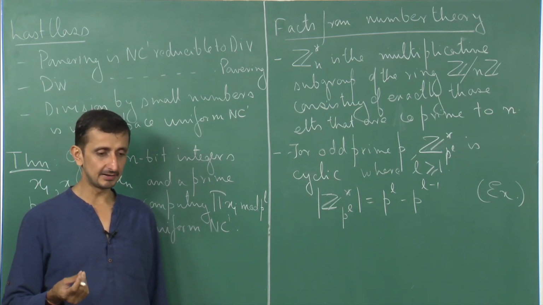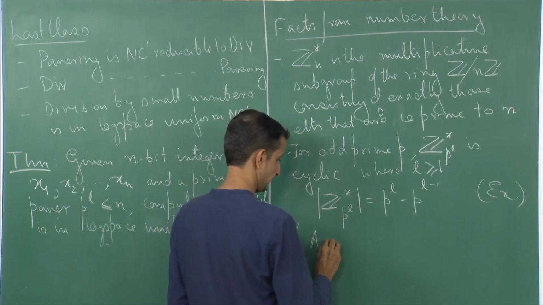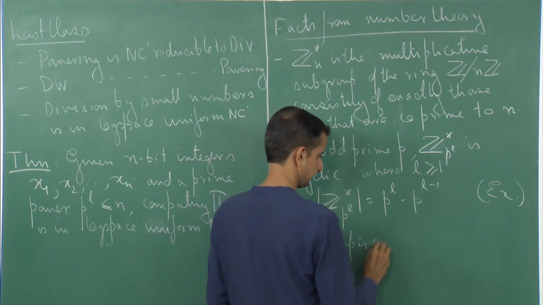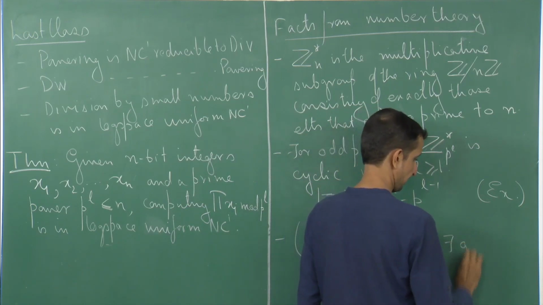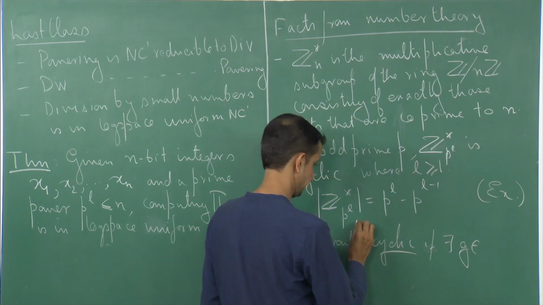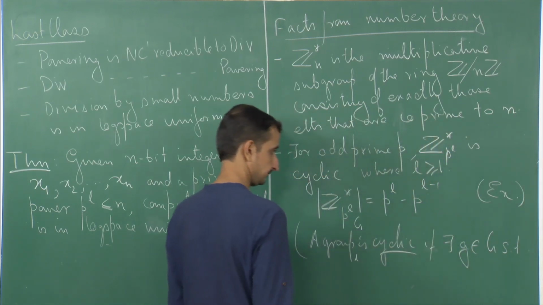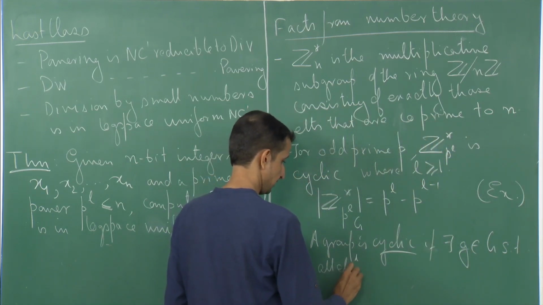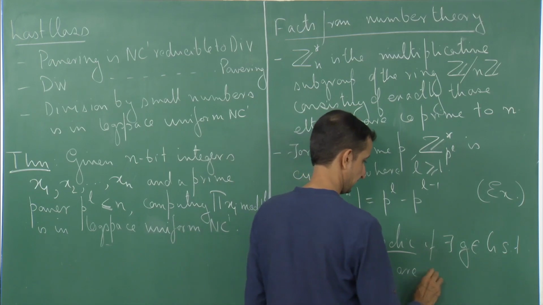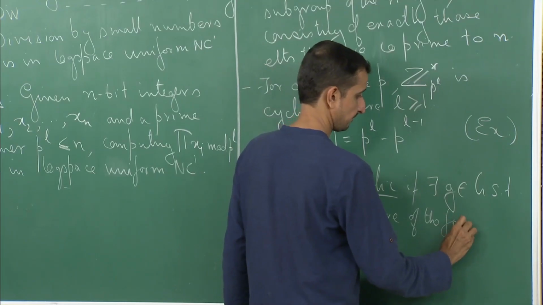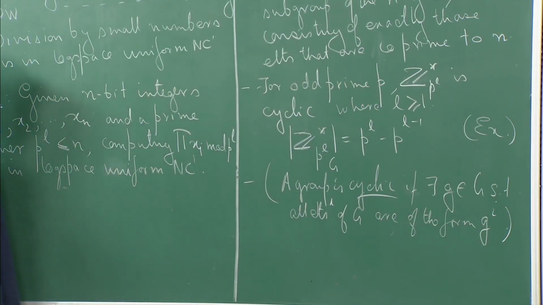So cyclic means that a group, let me give it a name, G, is cyclic if there exists an element g in G such that all elements of G are of the form g to the power i for some i.